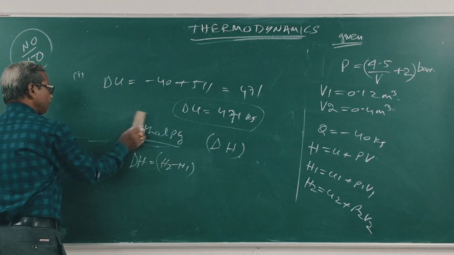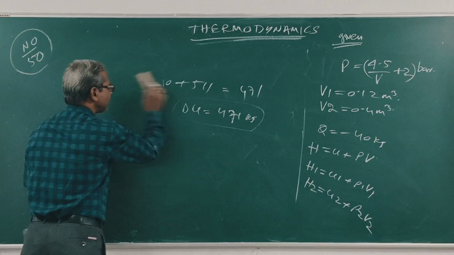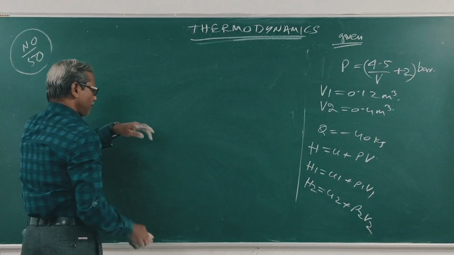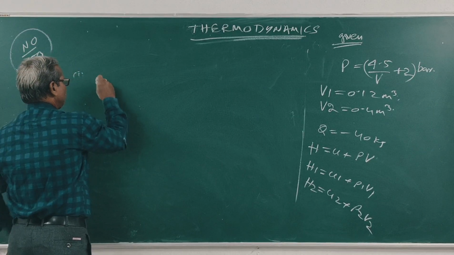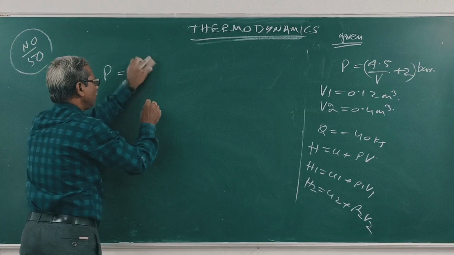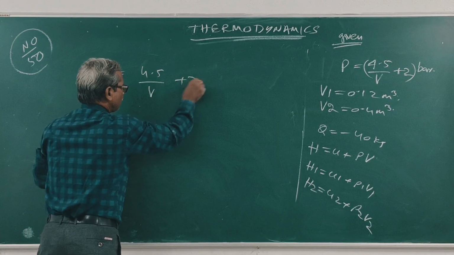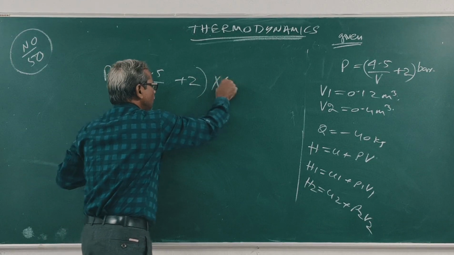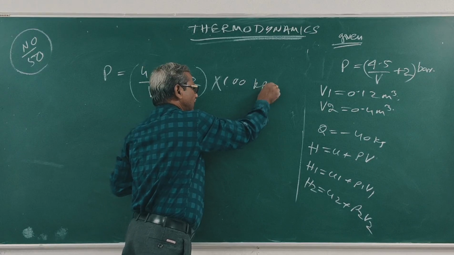Now P is equal to (4.5/V plus 2) into 100 kilopascal.